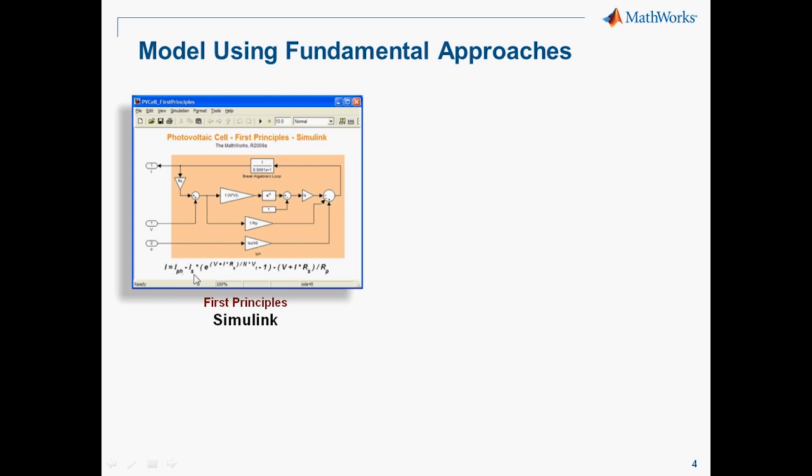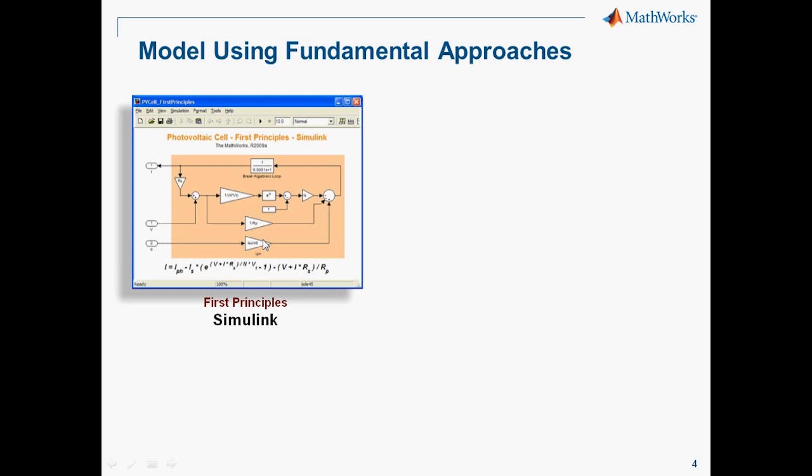What you're seeing here is the basic equation that you can find in most documentation. This is a single diode implementation, if I'm not mistaken. And using fundamental mathematical blocks from the Simulink library, I have built this algebraic relationship.